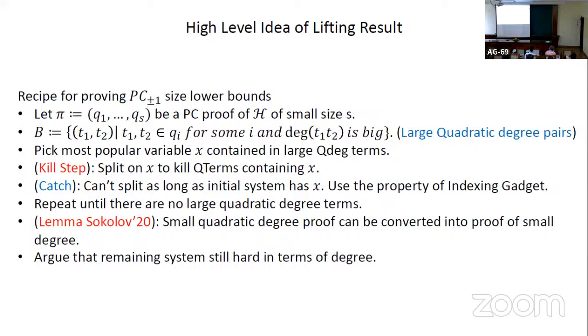Then the process goes through and we end up making this quadratic degree measure small. Then there is a result of Sokolov which says that if you have a small quadratic degree measure, you can convert it into a small degree measure, and then you can use degree hardness to say the size is large. That's the high level concept.